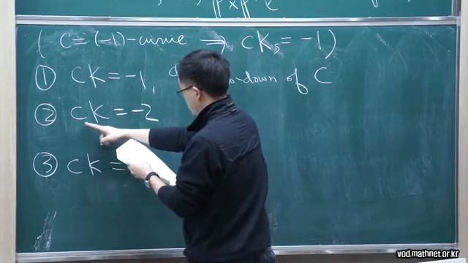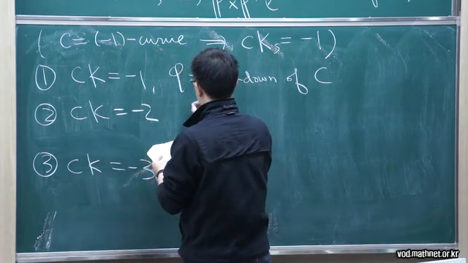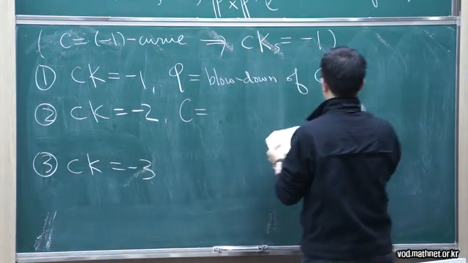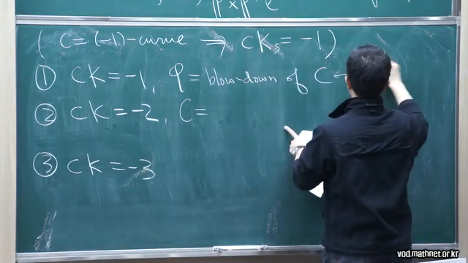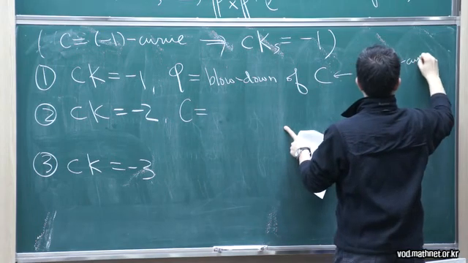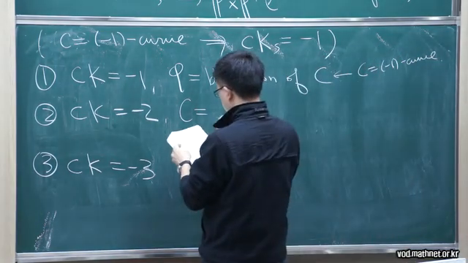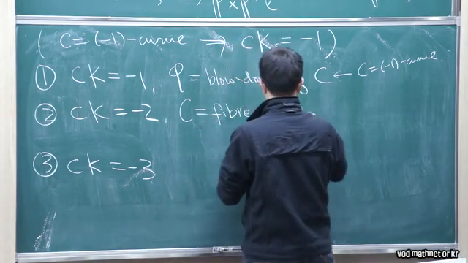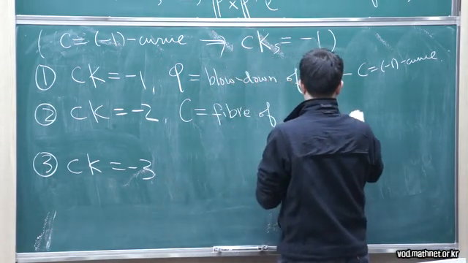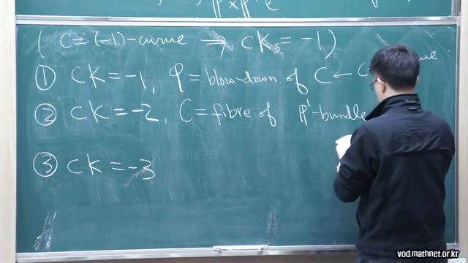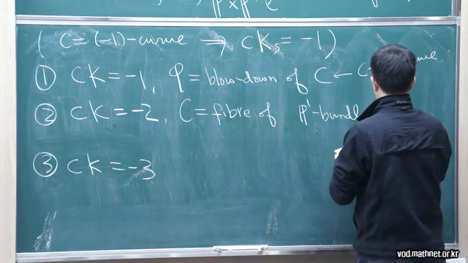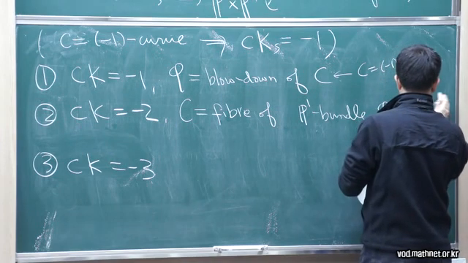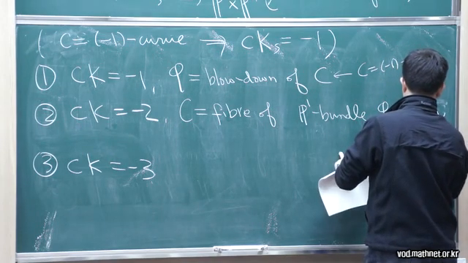And when K dot C is -2, then C is a fiber of a P1 bundle from S to another smooth curve.